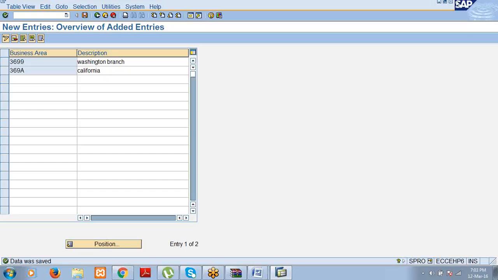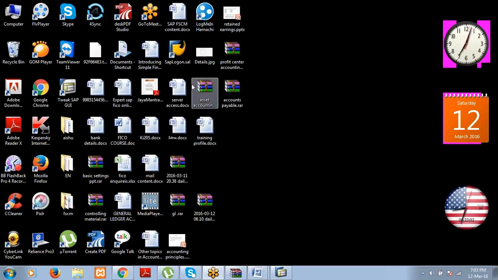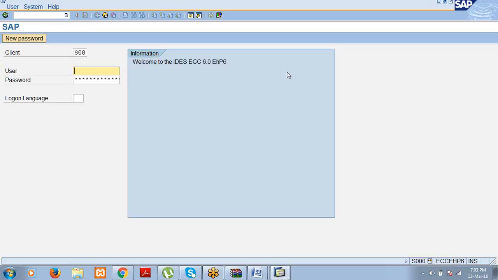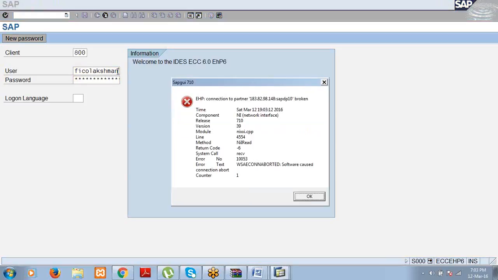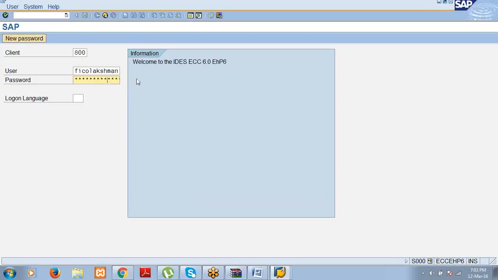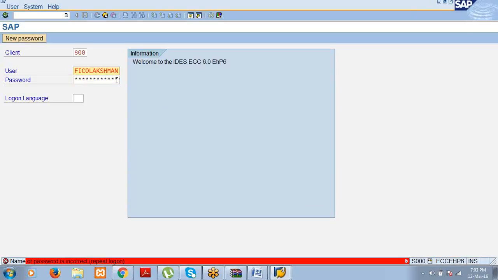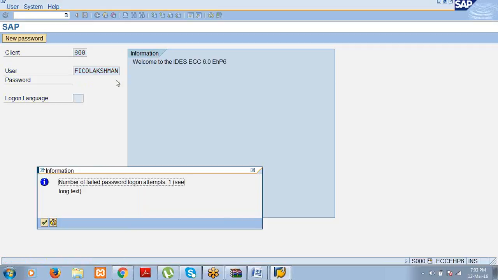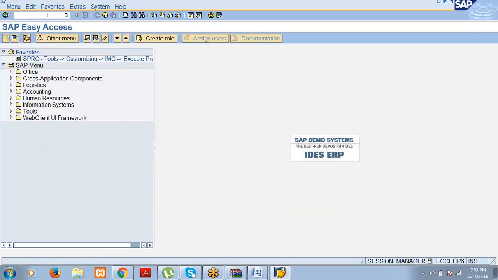I think we have to log in again because in between my internet connection was disturbed, so we might have lost the connection to the server. Again, I am logging in. OB29.